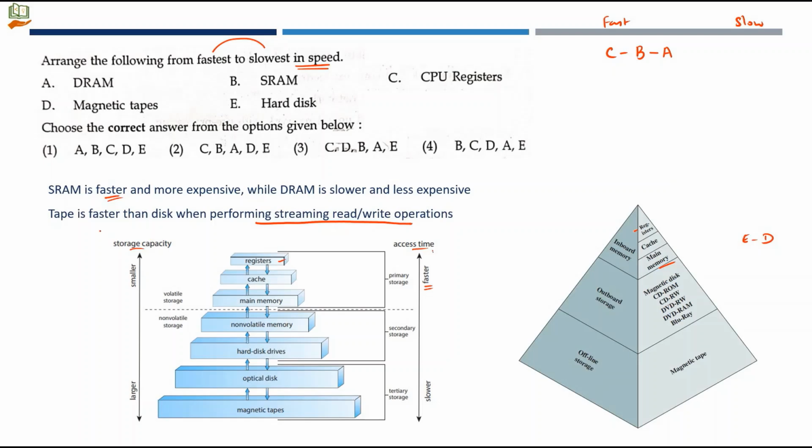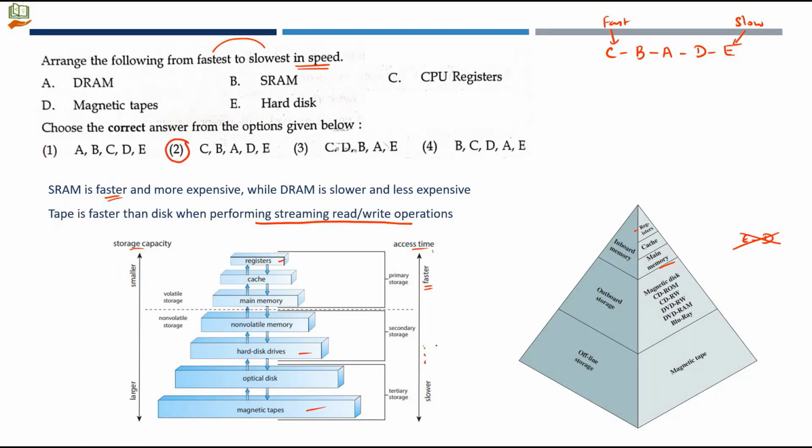In that case, they say tape is faster than disk. That's why we don't have this order, but we have D first. Tape is first in terms of speed and then comes disk in the last place. So this applies to the slowest and this applies to the fastest. So in that case, C, B, A, D, E. Option number 2 will be the right answer.